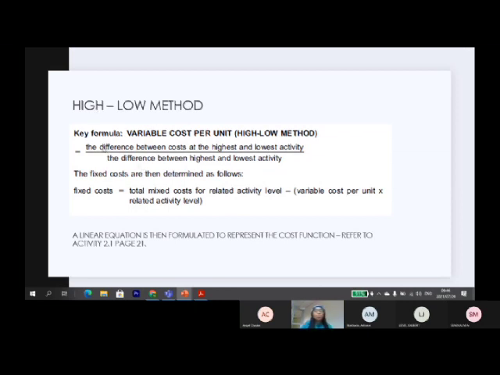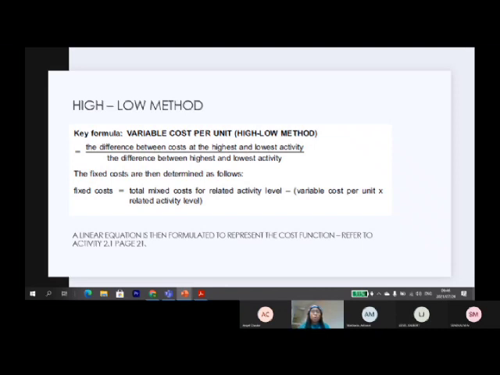With high-low, how do I normally detect or identify it? I will see from the question that there's the highest level of activity and there's the lowest level of activity. You might take this for granted and say, yeah, but that's high-low. Sometimes when you have all topics being asked, because remember with the exam they're going to ask you everything, you forget about high-low.